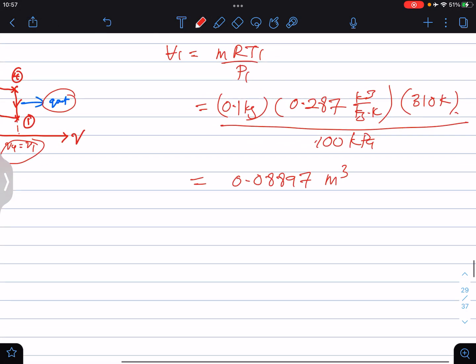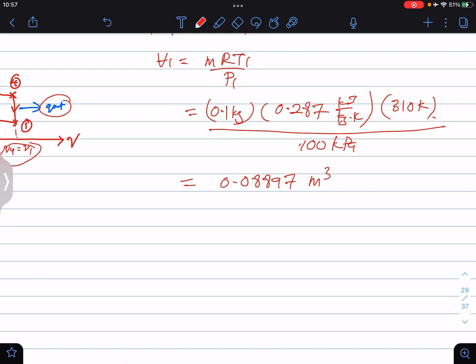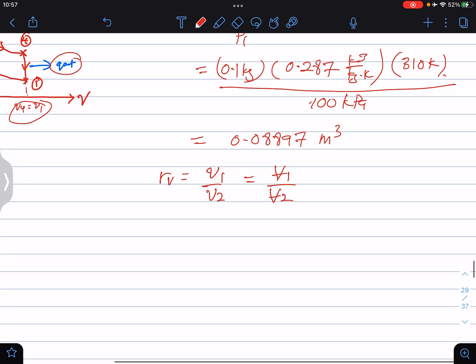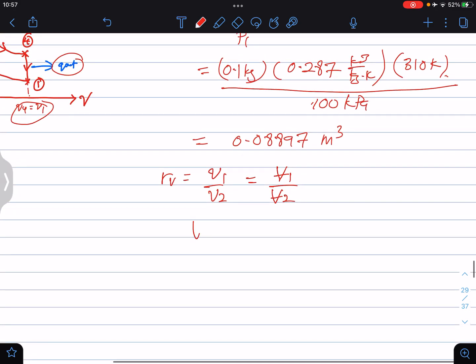And then since we know the compression ratio rv equal to V1 over V2, similar with the big V here, V1 and also V2. So V2 equal to V1 over rv.